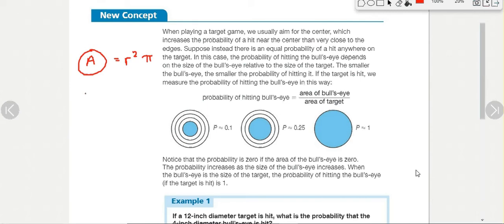Then probability is found with more or less the same ratio no matter what. What's always on top? It's what we're looking for. For example, what's the probability of drawing a blue marble?